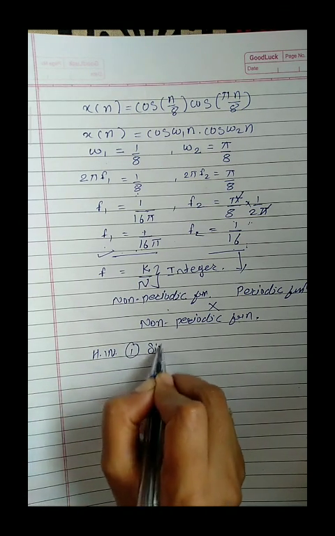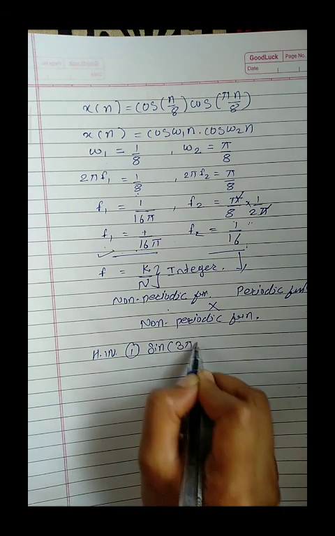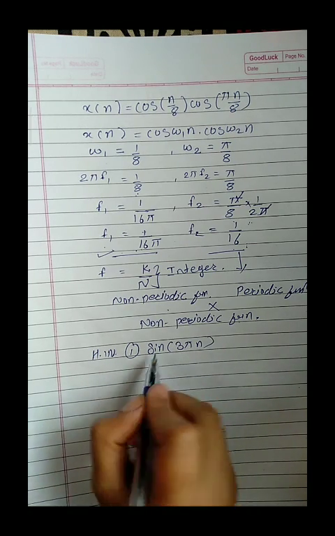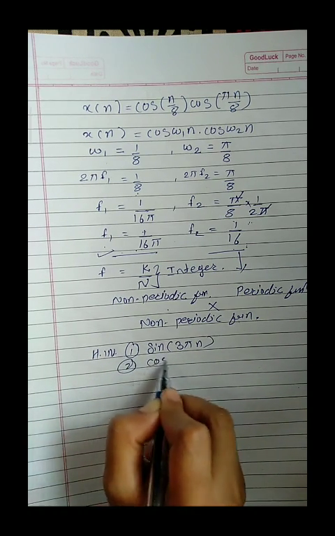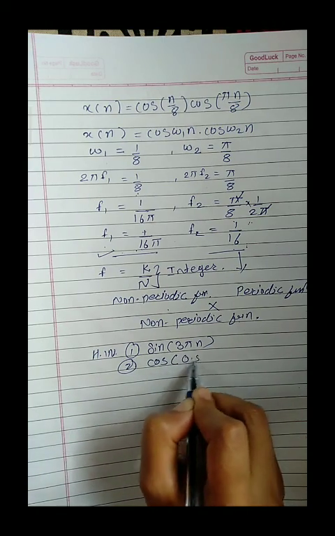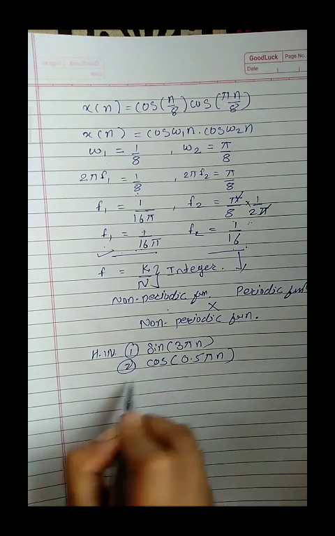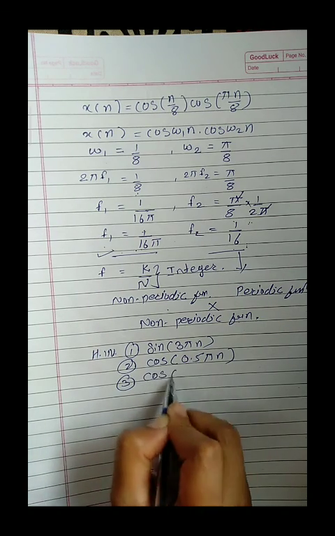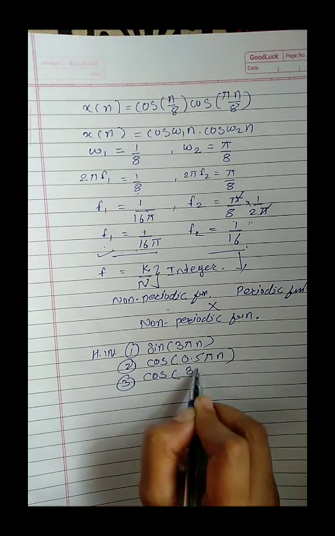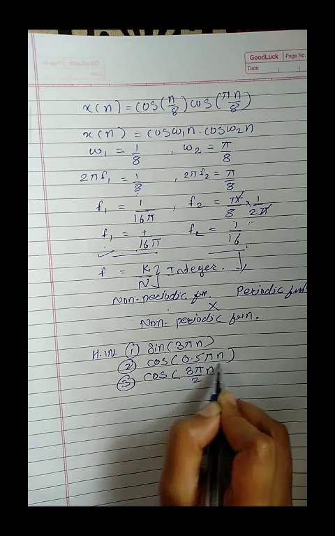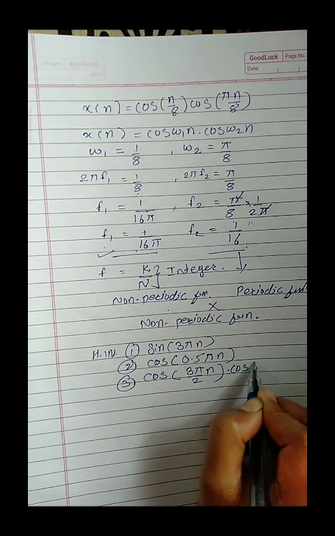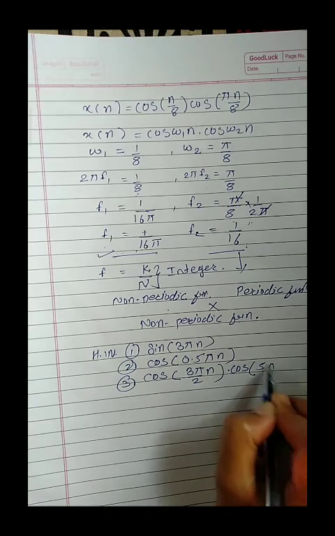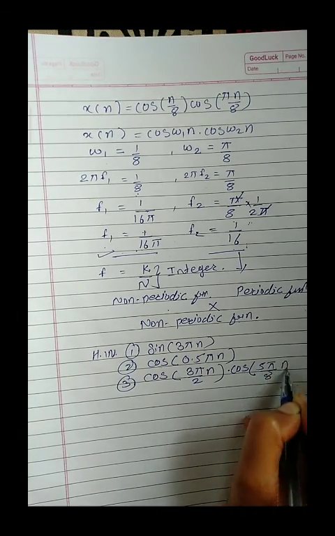First is sin 3 pi n. Second, cos 0.5 pi n. Third, cos 3 pi by 2 n into cos 5 pi by 8 n.